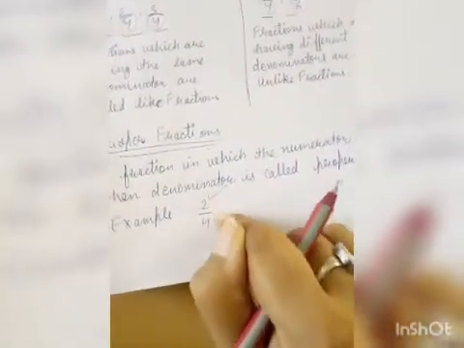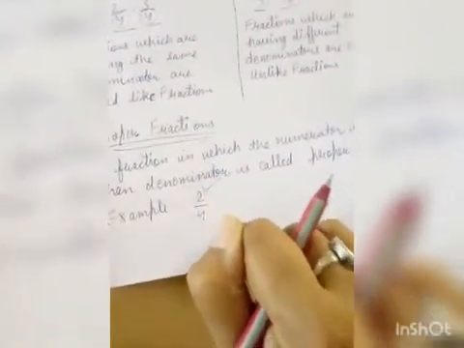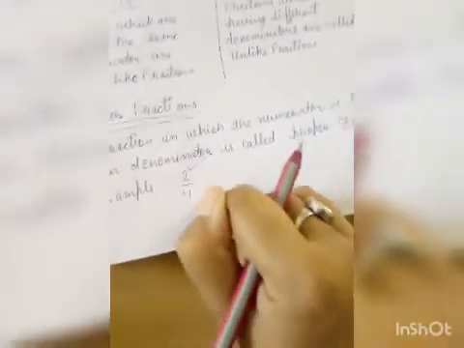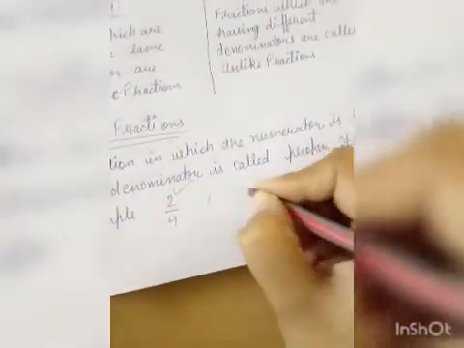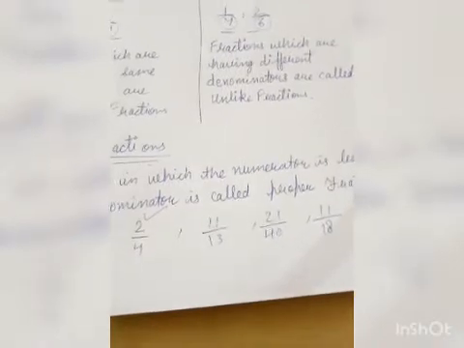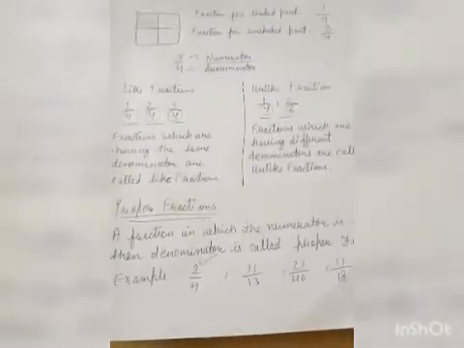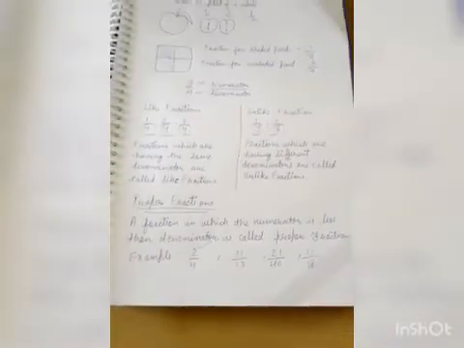We have a small numerator but the denominator is greater than the numerator. Then 11 by 13, that is good. 21 by 40, that is okay. 11 by 18. So all these kinds of fractions in which the numerator is small as compared to the denominator, we call them proper fractions.